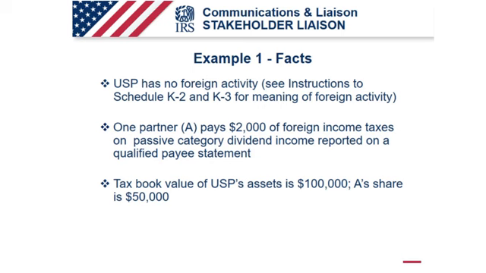Now, partner A separately pays $2,000 of foreign income taxes on passive category dividend income reported on a qualified payee statement. The tax book value of the partnership's assets is $100,000, and these are all U.S. source income-producing assets. A's distributive share of those assets is $50,000.